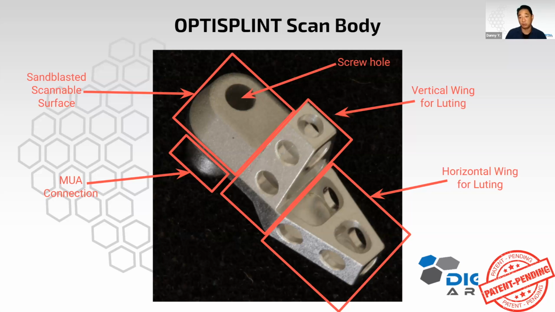It could be luted just to the horizontal wing, or just to the vertical wing, one or the other. Of course, you'll get slightly better retention if you get luting material all around both, but we really want to emphasize that there are a lot of different ways you can lute these two pieces together and make a really solid connection between these two parts.